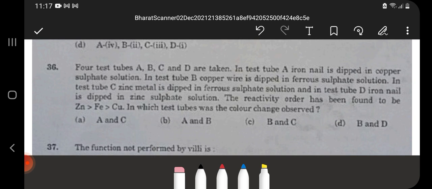The reactivity order has been found to be Zn greater than Fe greater than Cu. In which test tubes was the color change observed? 36th answer is A. A and C.